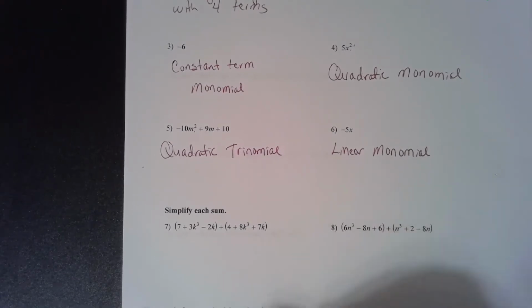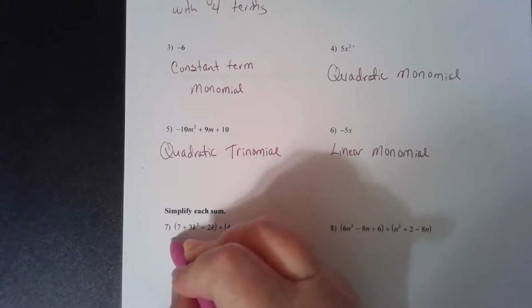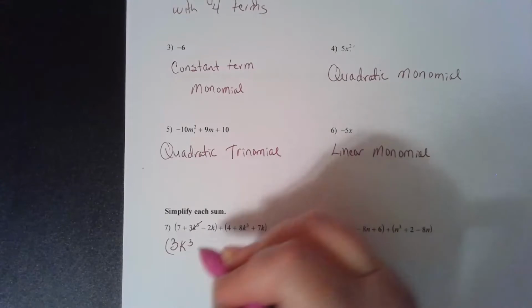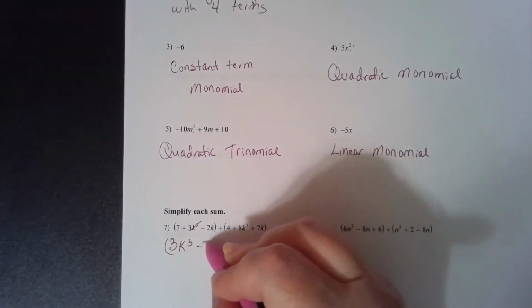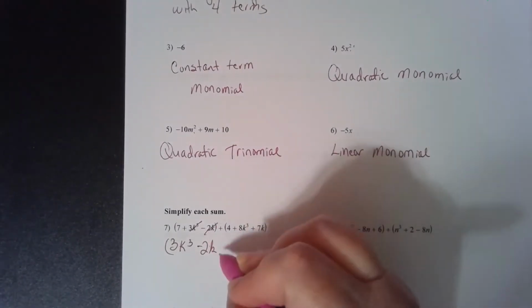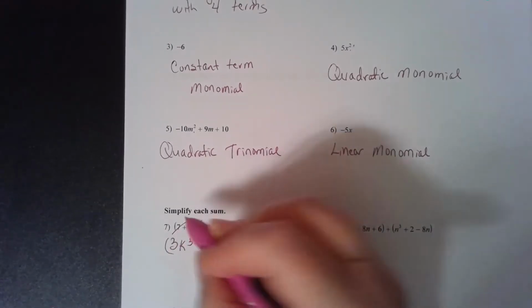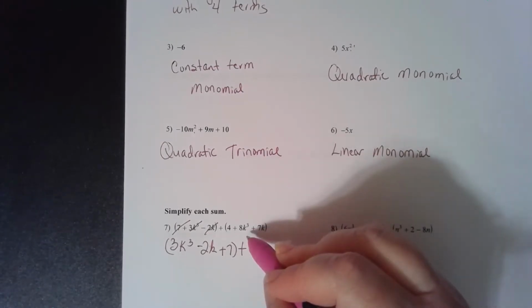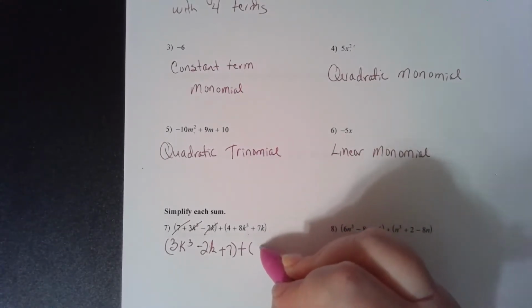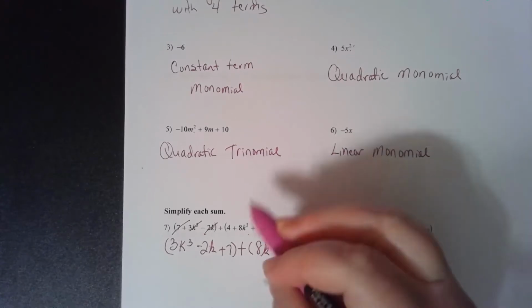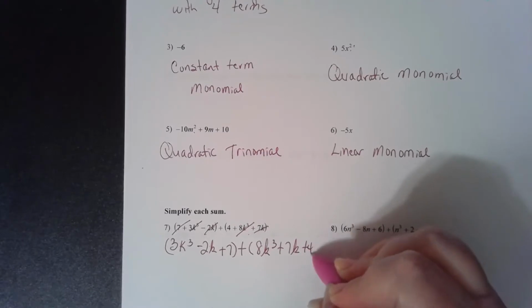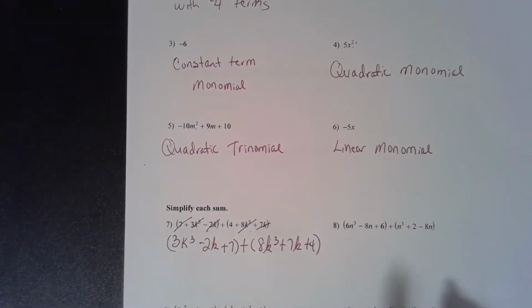If you have to, you might want to write it like this: 3k cubed minus 2k plus 7. So it's all in nice neat order, and we're going to add to that 8k cubed plus 7k plus 4.